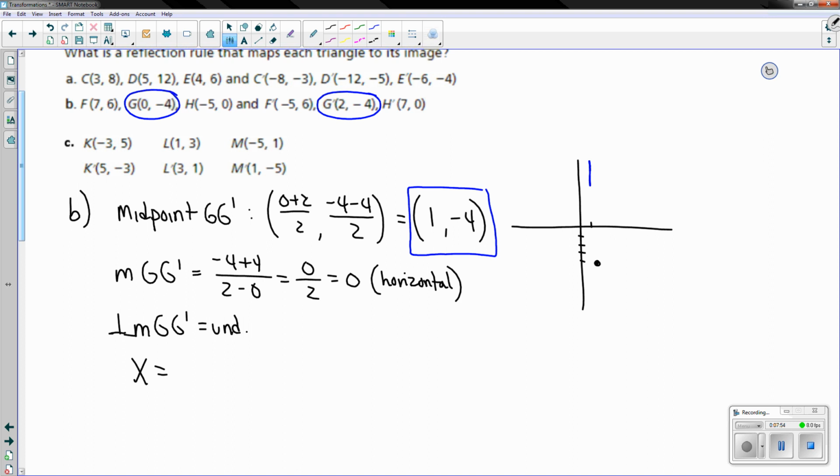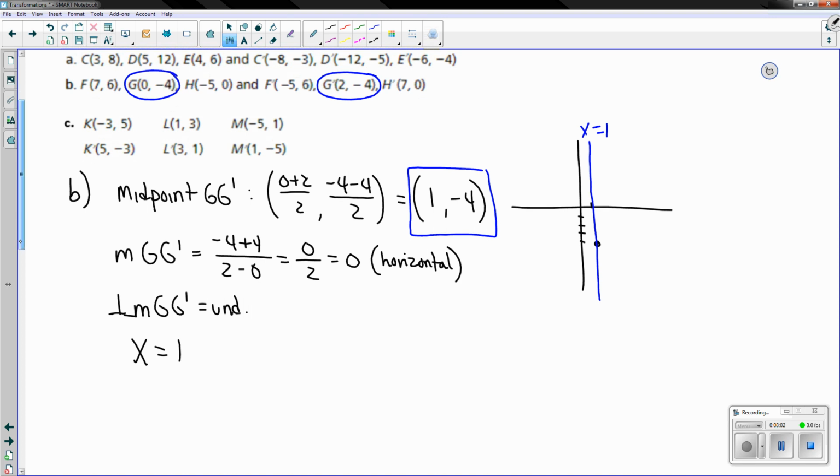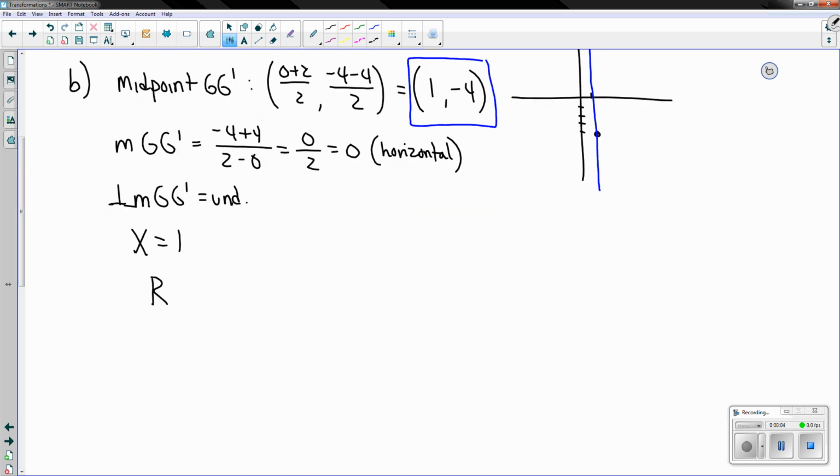That vertical line, there's only one option, and that would be x equals 1. So that's our line of reflection. So when we write our rule, we have a reflection across the line x equals 1 for the triangle FGH in order to produce the image points of F prime, G prime, H prime.